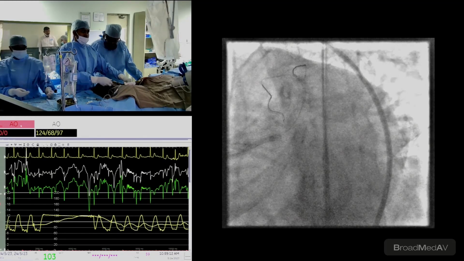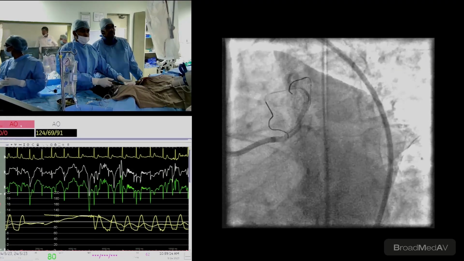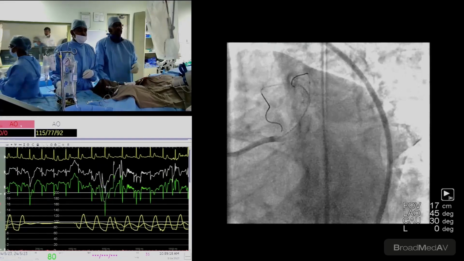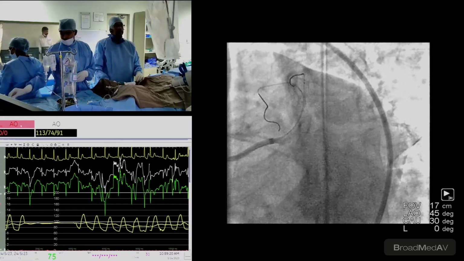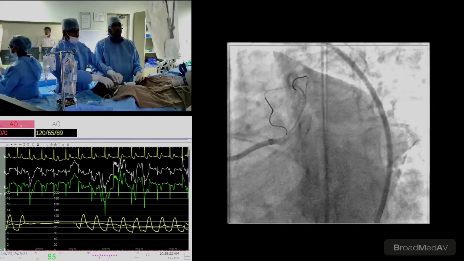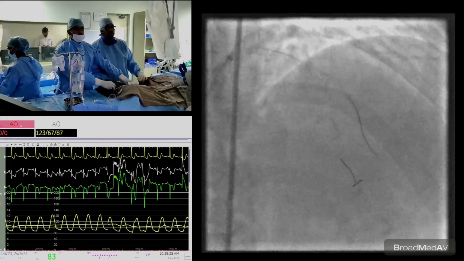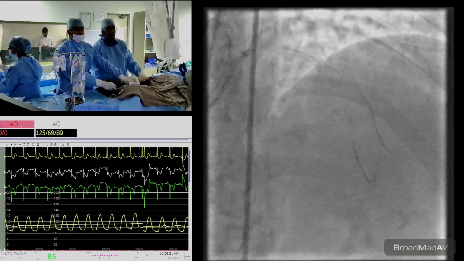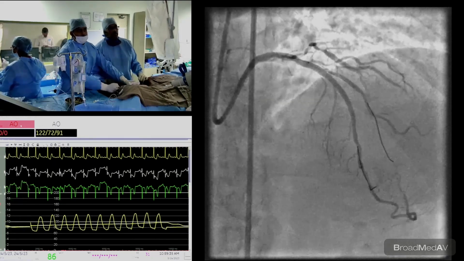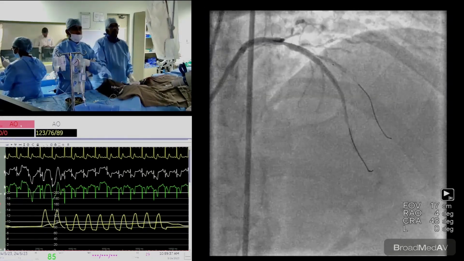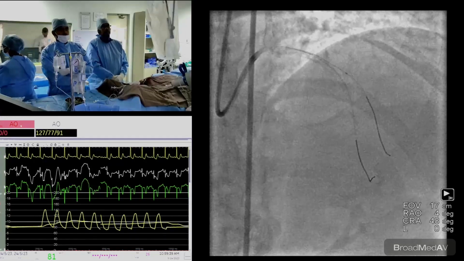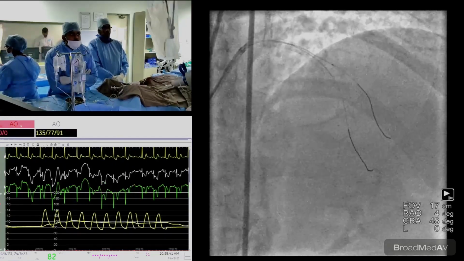Okay, are we ready for the shot, Ajay? Yeah. It's still a bit slow flow, but I think it's better. Go to the other view, please. Okay, just give me a wire.